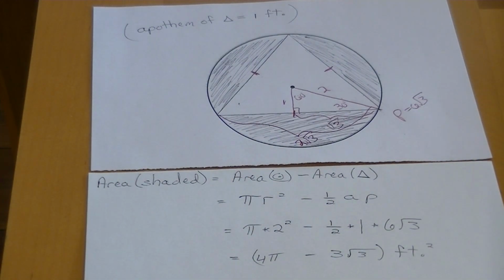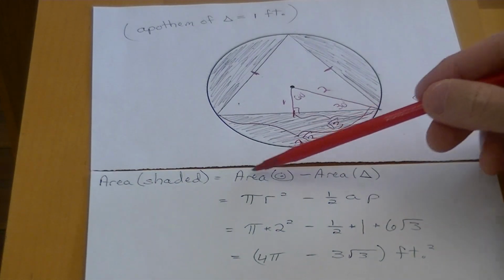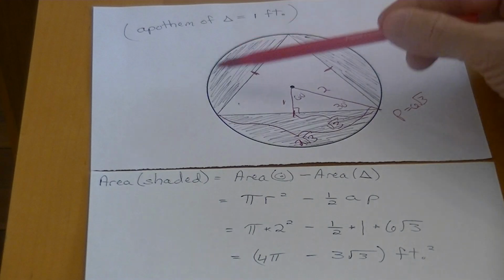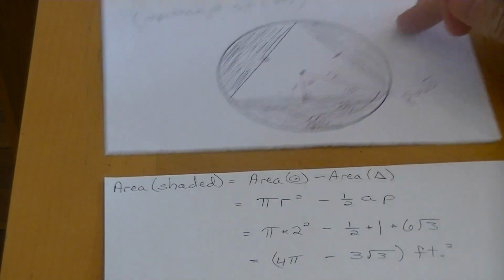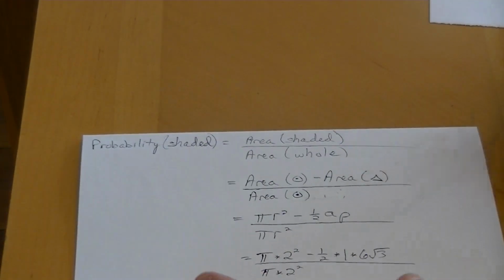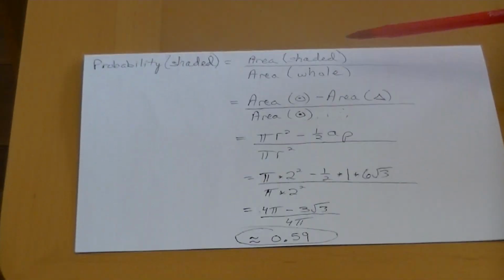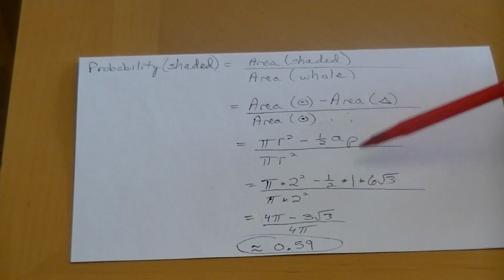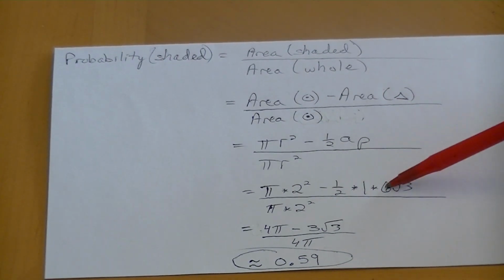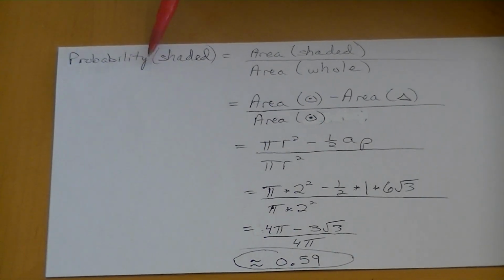But the question was probability, so I need to divide every line here by the area of the whole figure, which was the circle. So what your work should have looked like is this. Now again, the numerators are what I just showed you. The numerator is how you get the area that is shaded, but now I asked you for the probability of the shaded.